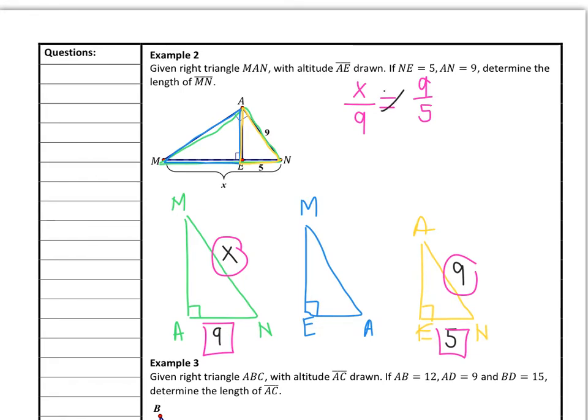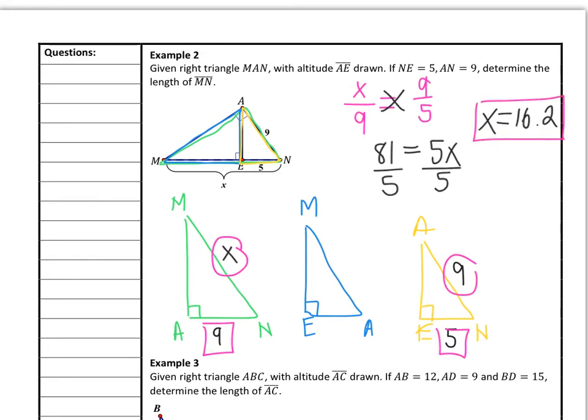So 9 times 9 is 81, and 5 times x is 5x. Divide both sides by 5. X equals, we are going to end up here with 16.2. And that is, in fact, our answer.